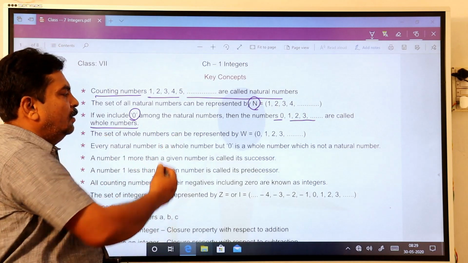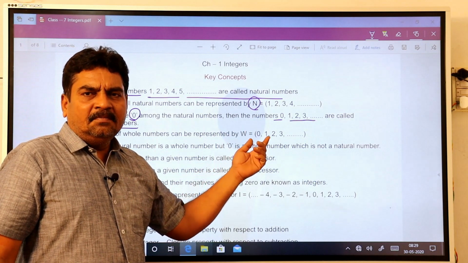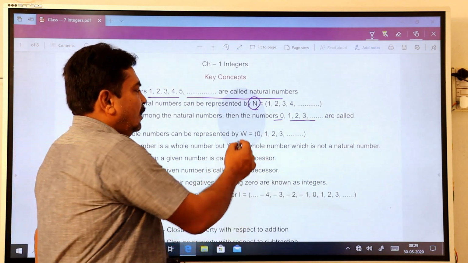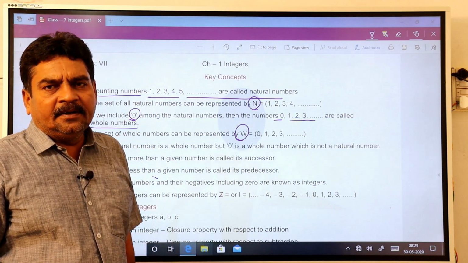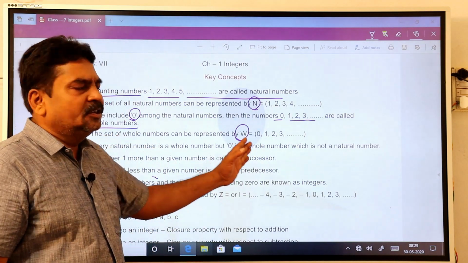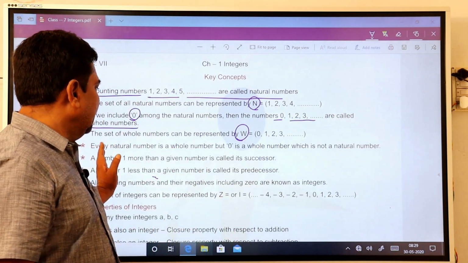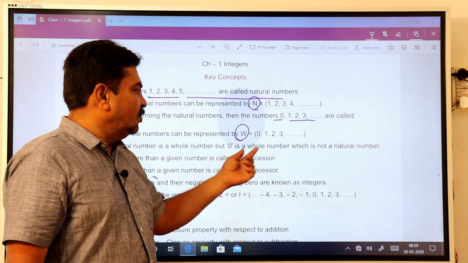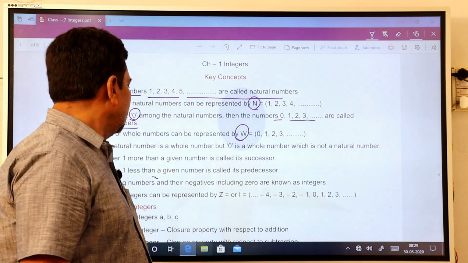The set of whole numbers is represented by the capital letter W. So W is equal to 0, 1, 2, 3, and so on. Even natural numbers are whole numbers, but 0 is a whole number which is not a natural number, that is obvious.